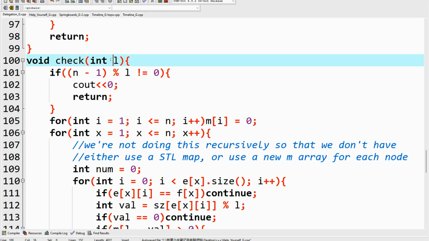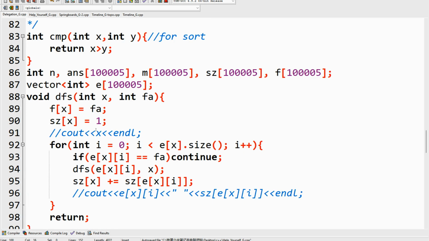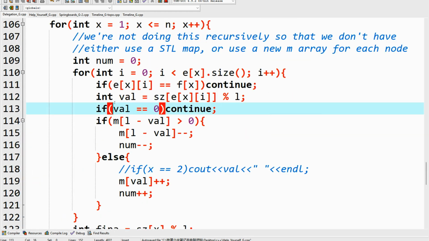We can just check using a loop, because the special part about this tree DP problem is that the answer for the subtree of node x doesn't directly affect node x. The only thing of the subtree of node x that affects x is the size of the subtree. So we can find that using a recursion first, and then doing the actual DP, during the actual checking, we just have to run a loop.